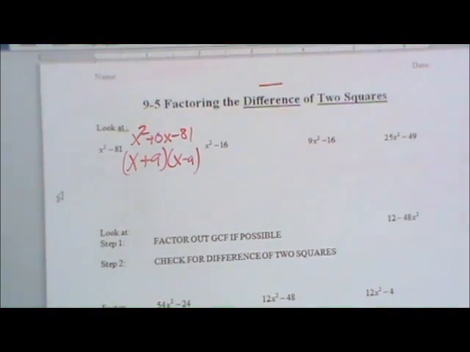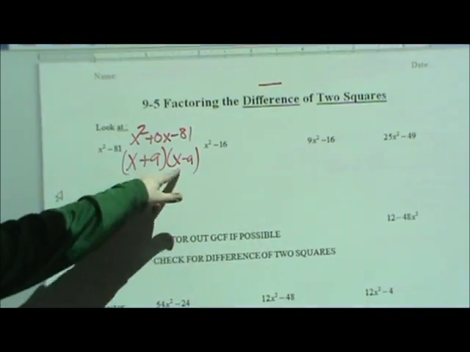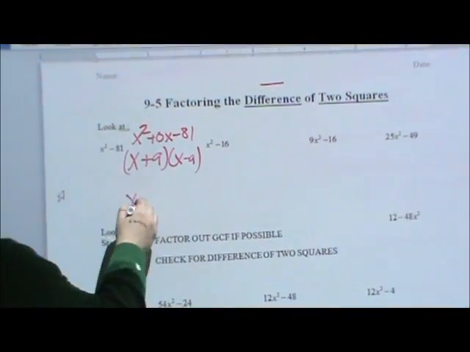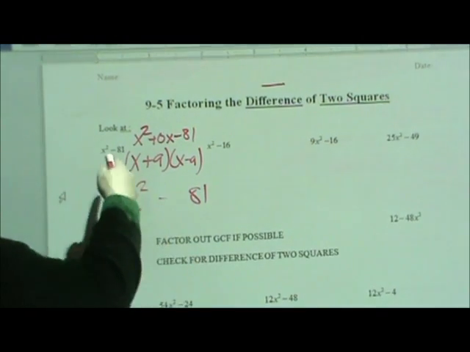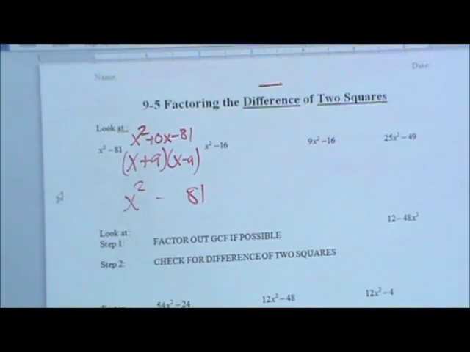If we check this out, we know by the shortcut we only have to square the first, square the last, and always have subtraction. So it does check out to our original expression.